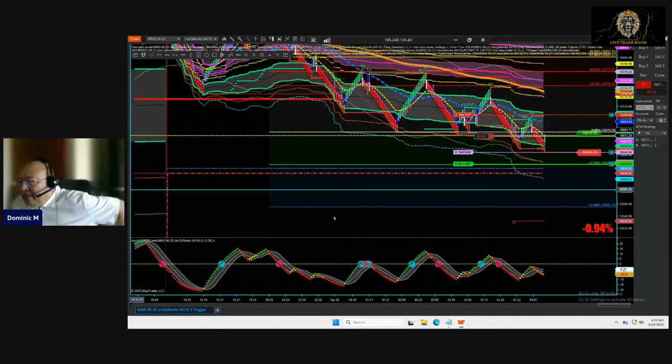What I like about the VWAP deviation levels is that it's basically a dynamic indicator, meaning you can plot those levels and it will plot the same levels on any type of chart. It can be a tick chart, a range chart, a minute chart, a time-based chart, or a Renko chart. The levels will still remain the same, and that's what I like about that indicator because it plots consistently.